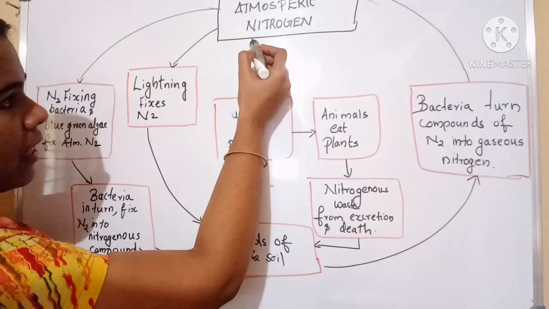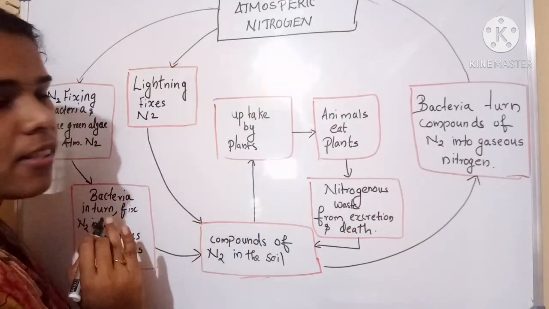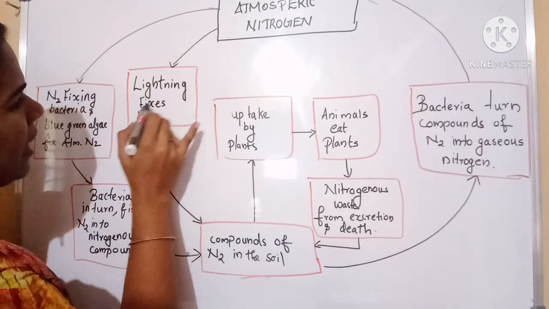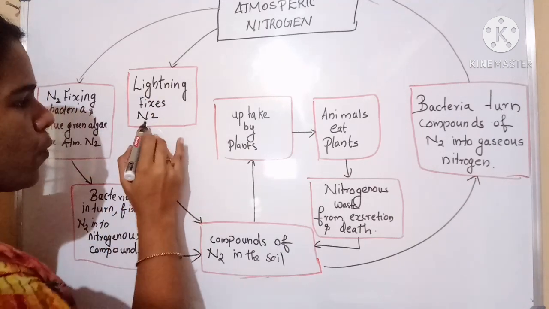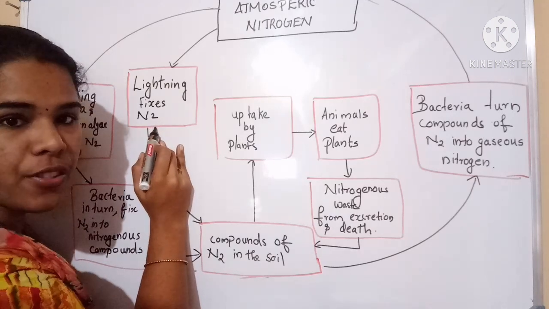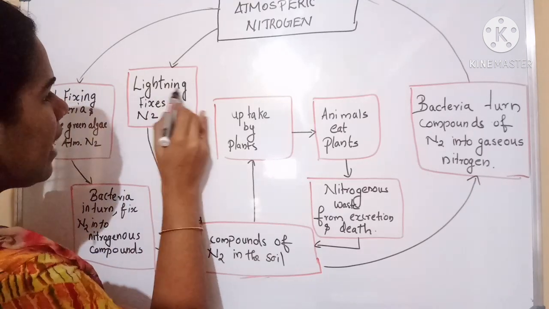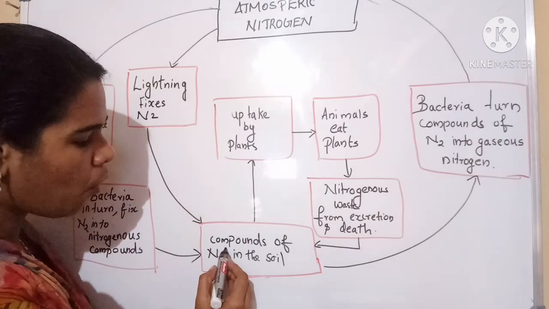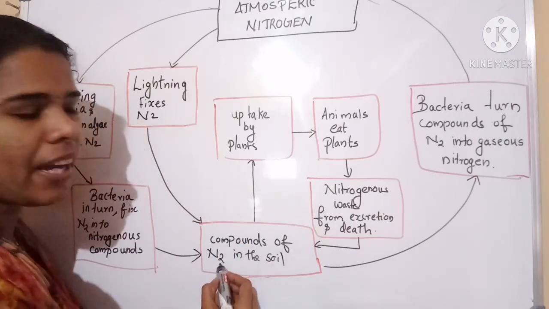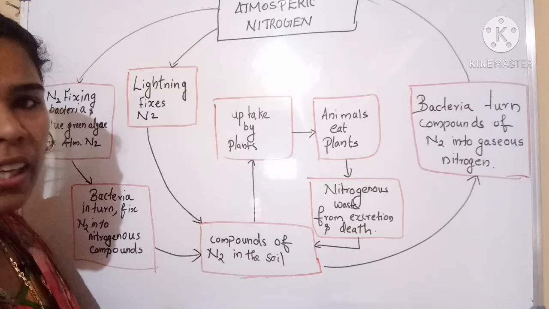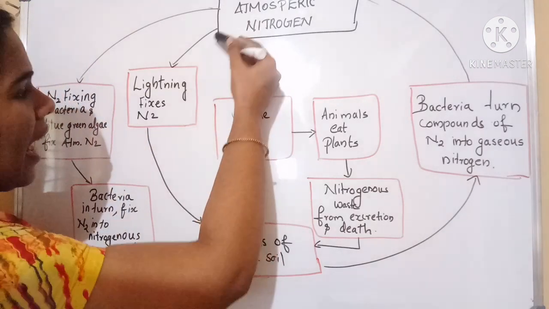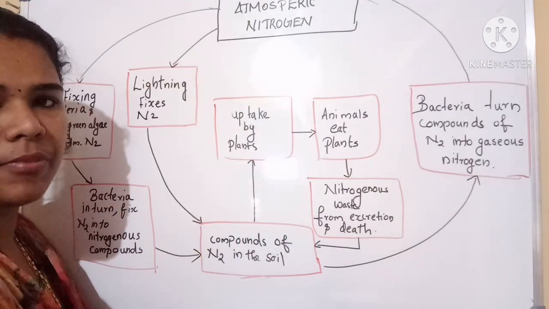I already told you that the atmospheric nitrogen is directly fixed through lightning. The lightning fixes nitrogen, N2, which denotes nitrogen, and forms compounds of nitrogen in the soil. It's a direct fixation.